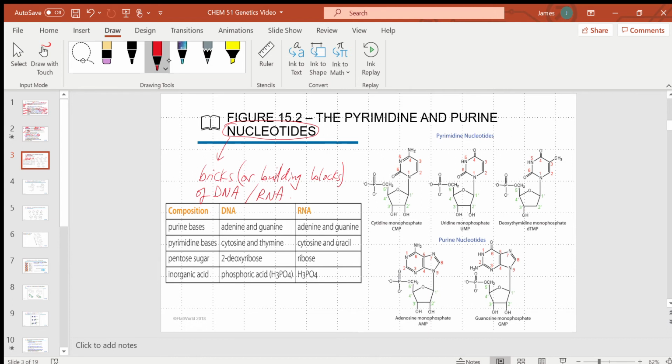Couple of things that we should notice. First of all, what's the difference between a pyrimidine and a purine? Well, a pyrimidine has a single ring and a purine has a double ring.